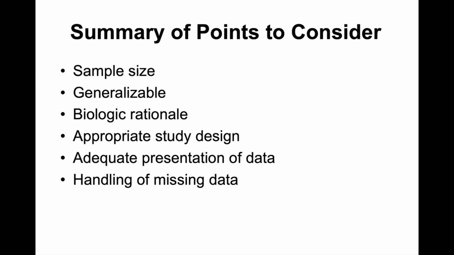And how much can you generalize your finding? Is there biologic rationale? Is there clinical rationale? Is it clinically significant? Was it an appropriate study design? Adequate presentation of data? And how do you handle missing data? So we went over that a little bit.